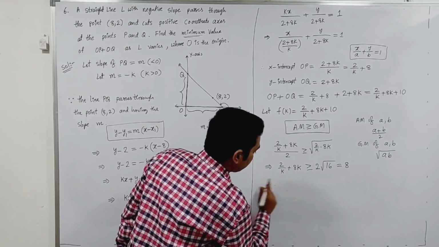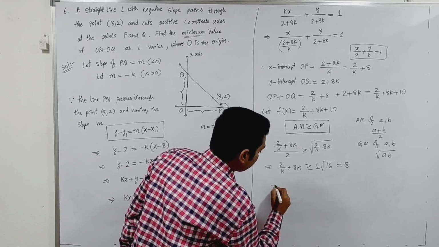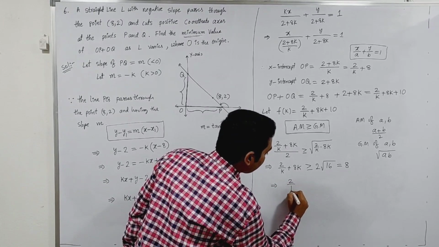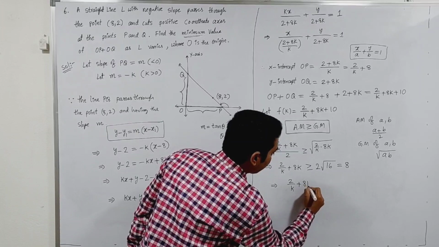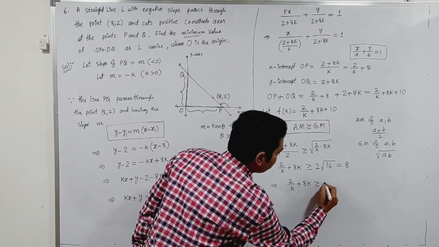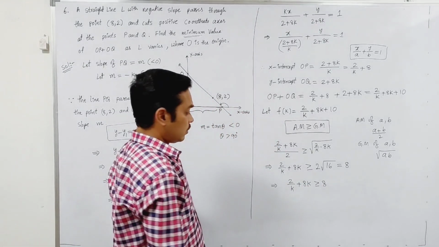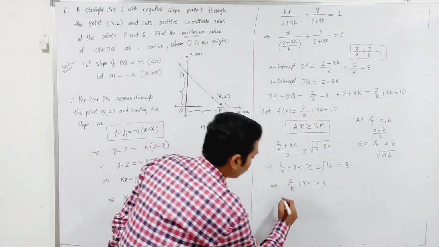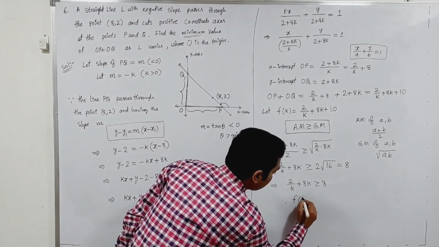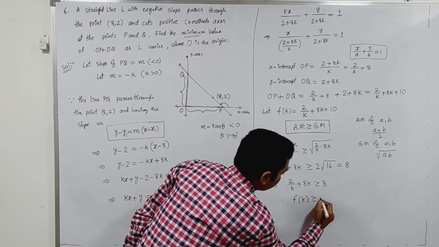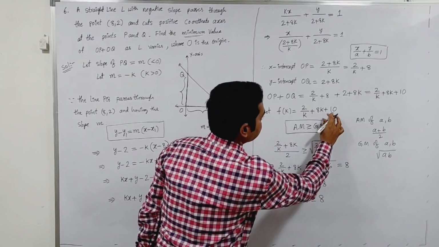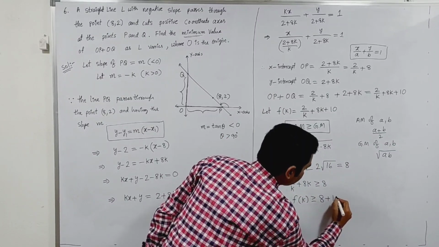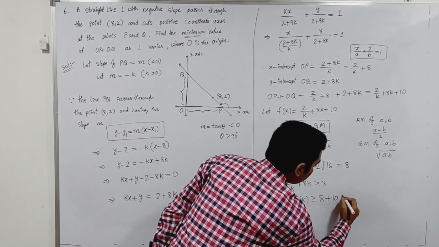Therefore 2 by k plus 8k is greater than or equal to 8. So replace in the function f of k. Therefore f of k is greater than or equal to 8 plus third term, how much? 10. That is equal to 18.